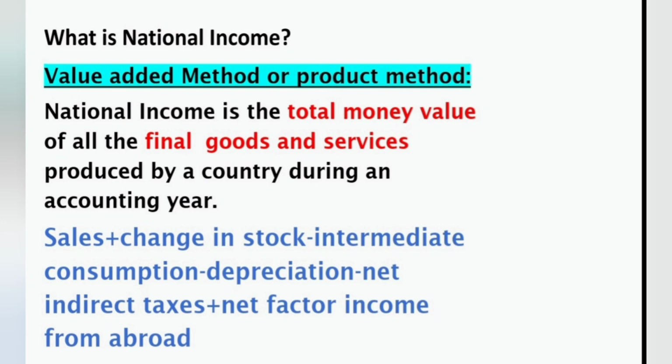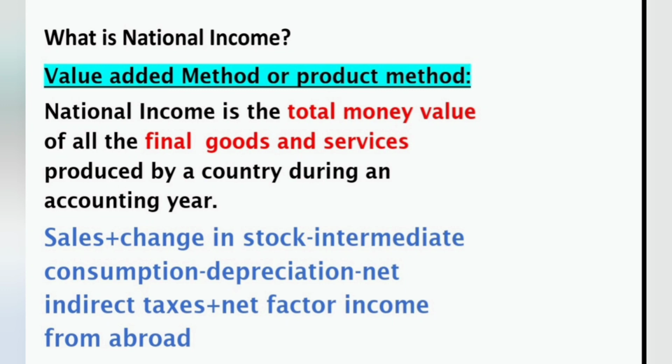Change in stock is equal to closing stock minus opening stock. Sales plus change in stock minus intermediate consumption, we get gross value added at market price, or GDP, gross domestic product at market price.